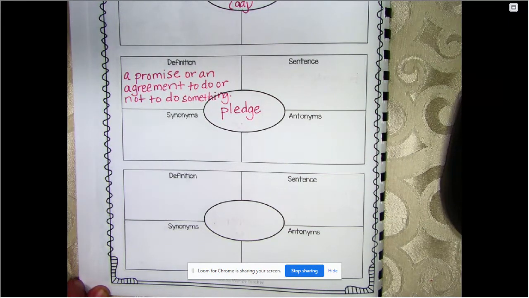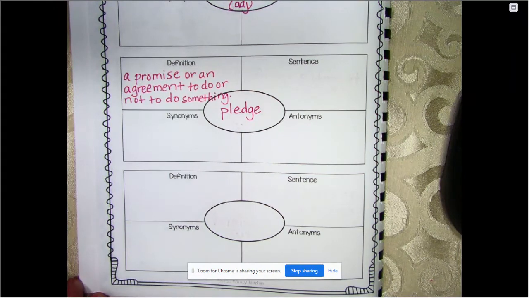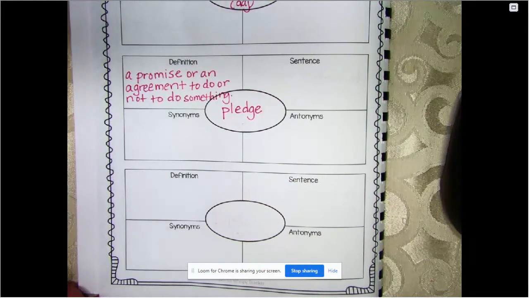So you are pledging or promising not to use drugs because you want to be a healthy, happy person. When you pledge to the flag, you are making a promise or an agreement that you are an American citizen and you promise to protect our American values.